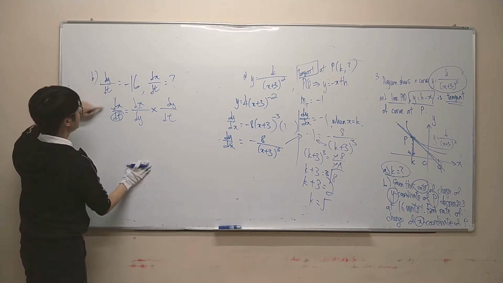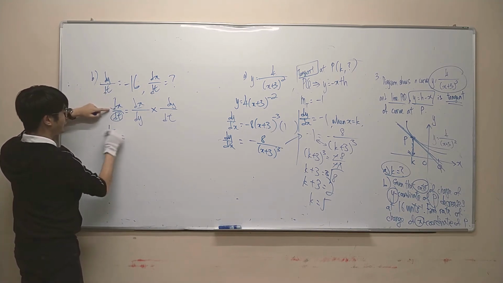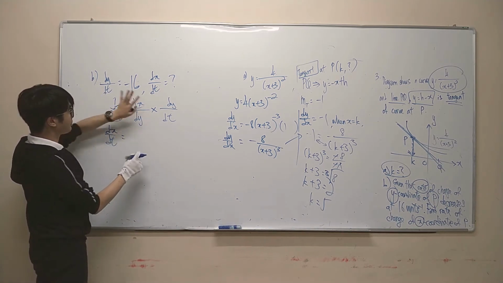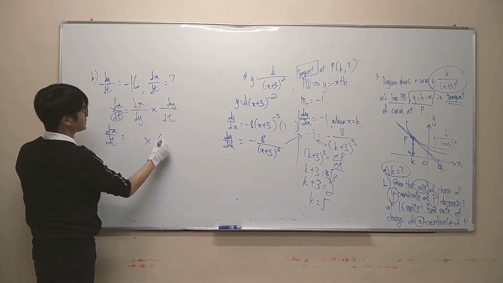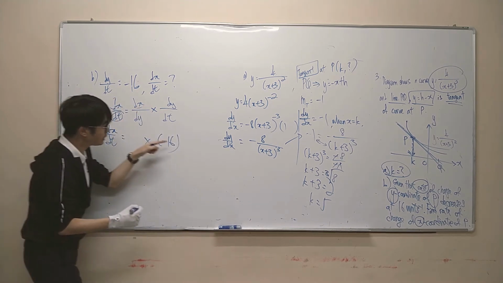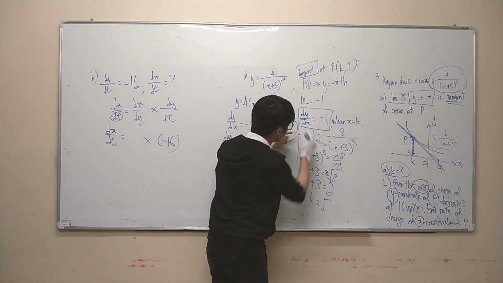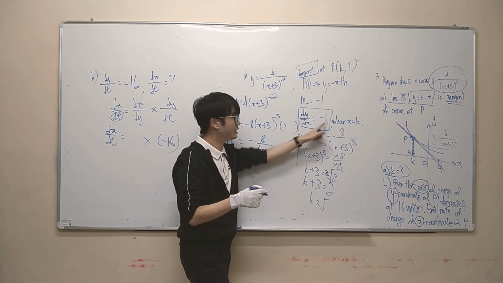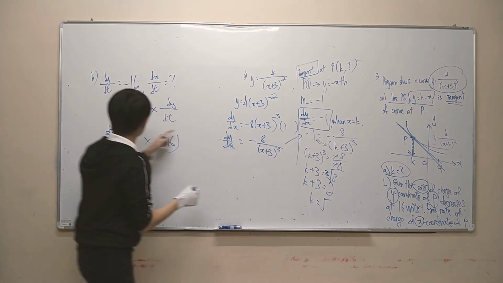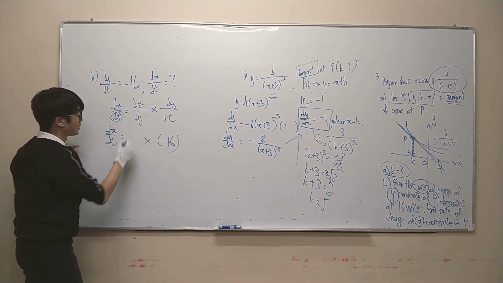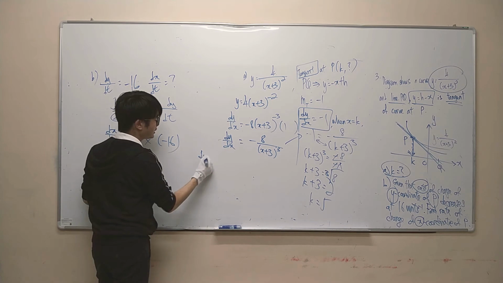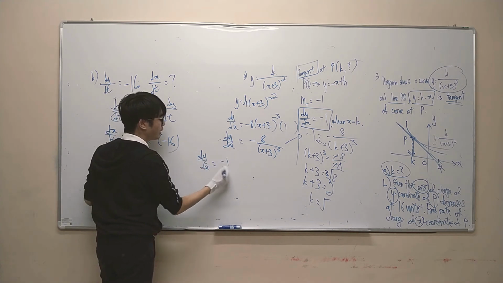So you remember dx/dt, which is what I want to find, equals dx/dy times, the one negative first, dy/dt which is negative 16. But look, this one is dy/dx, negative 1. So dx/dy, okay, negative. dy/dx is negative 1, so it is negative 1 over 1.